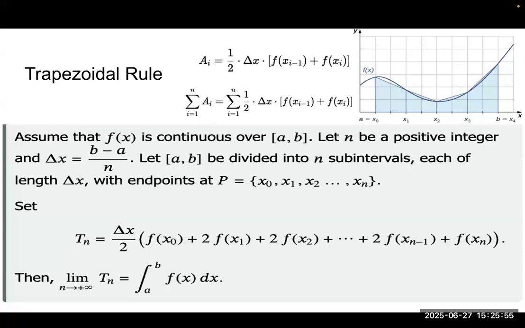This one is left, this one is right. Suppose I call this f(x), then this will be f(x1), f(x2), f(x3), and like this f(xn).